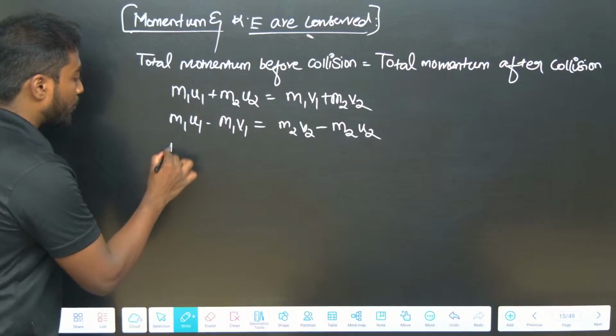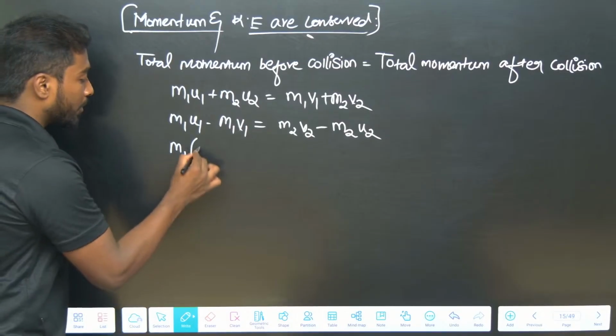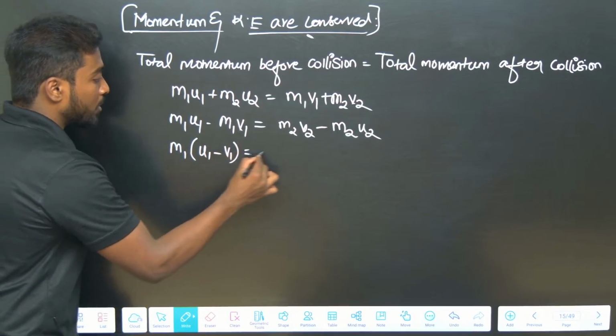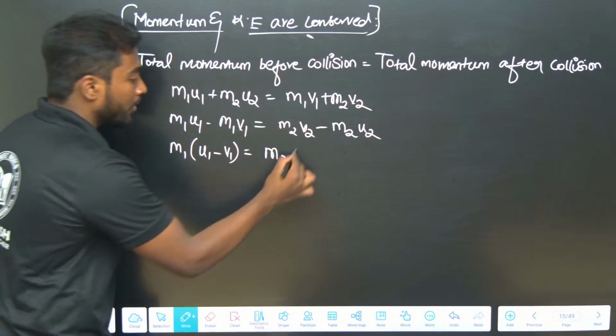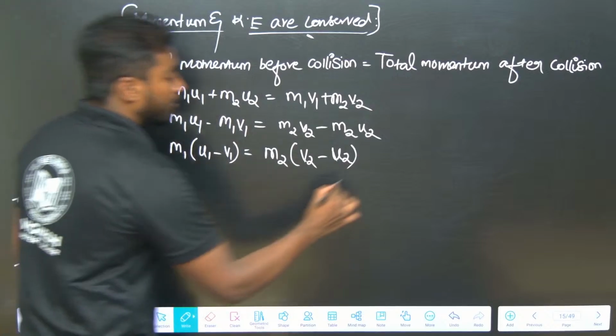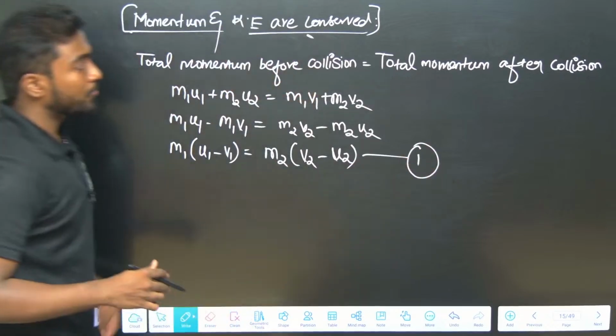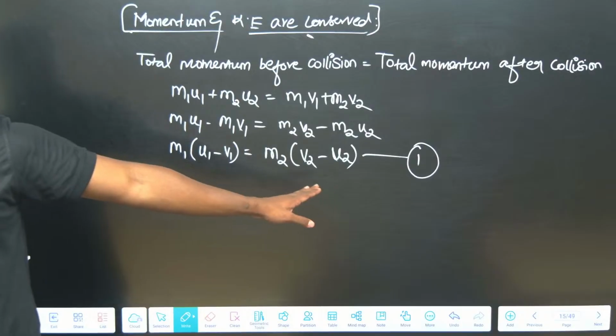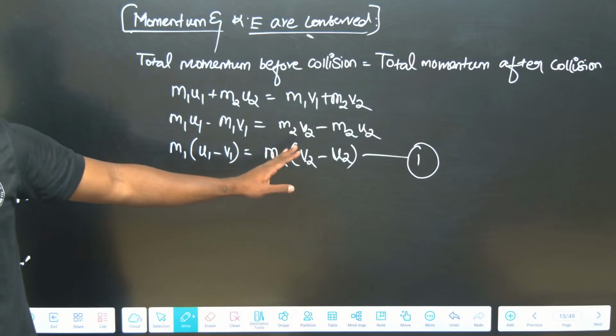So I can take m1 common outside: m1 (u1 minus v1) is equal to m2 (v2 minus u2). Let me consider this as equation number 1. As of now you have got clarity about this, right?